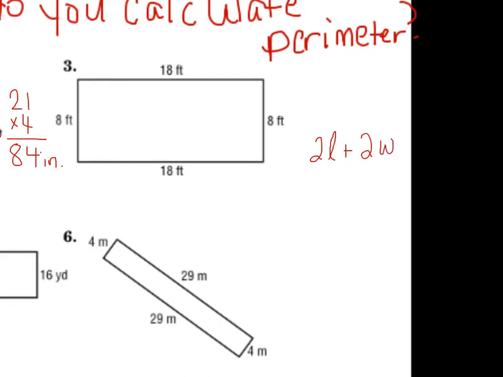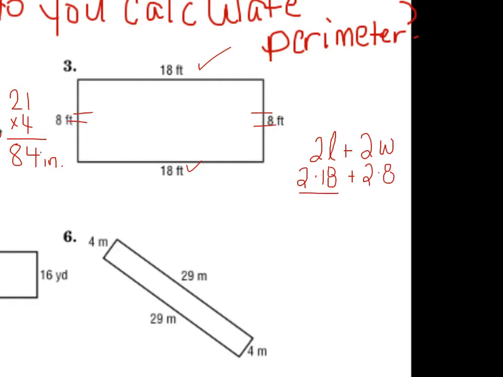Why 2? Well, because there's 2 lengths and there's 2 widths. So 2 times the length, that would be 2 times 18. And then you're going to add that to 2 times the width, which is 2 times 8.